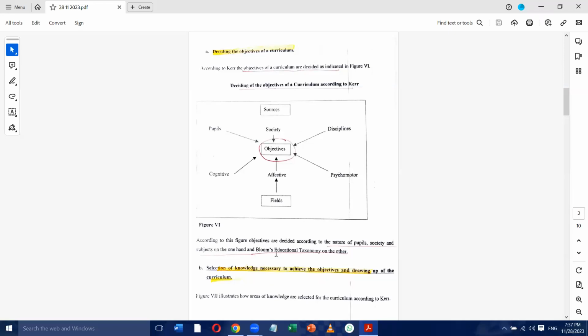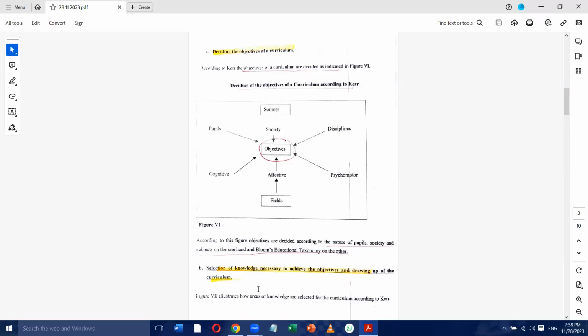At the time of Wheeler developing his cyclical curriculum model, Bloom's educational taxonomy had also been put forward by Bloom, but Wheeler didn't give it much priority or consider it much. Whereas Kerr has considered Bloom's educational taxonomy as well. So it is a far better model when compared to Tyler and Wheeler.